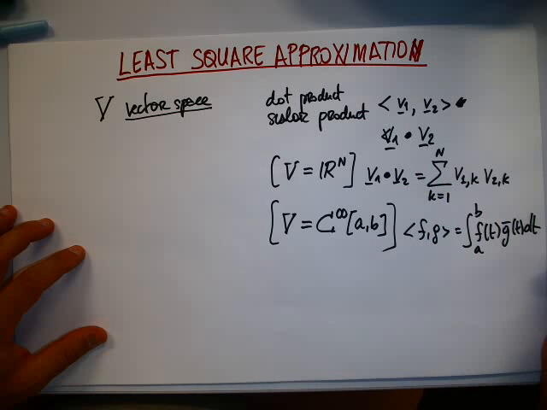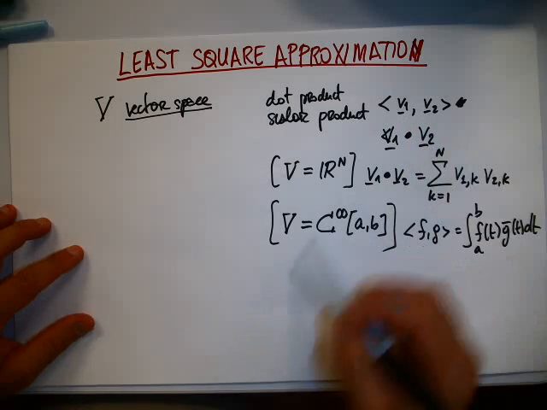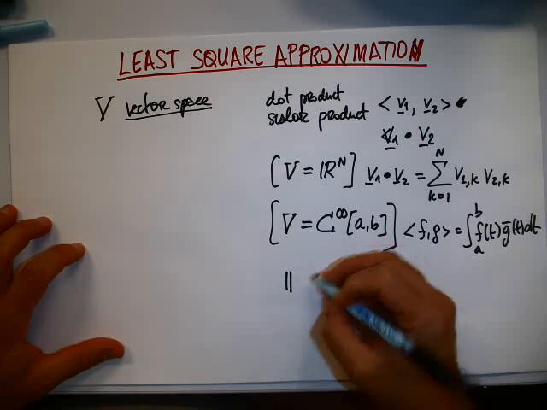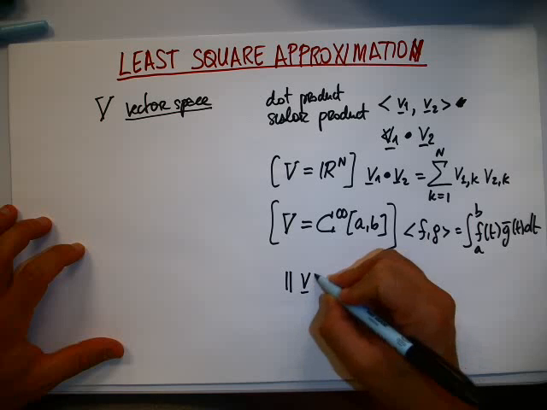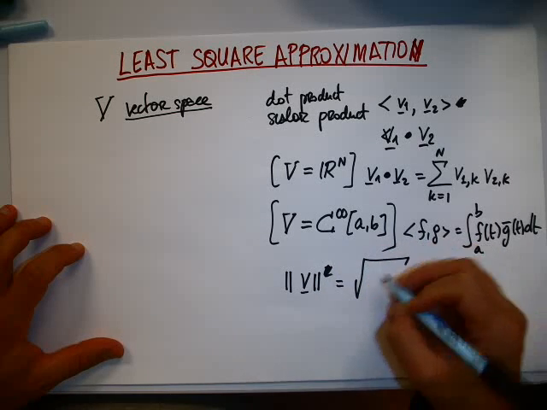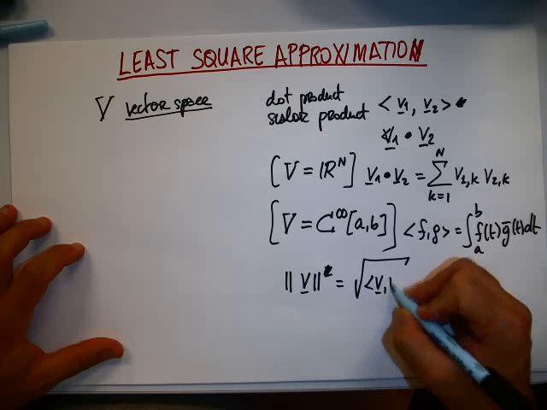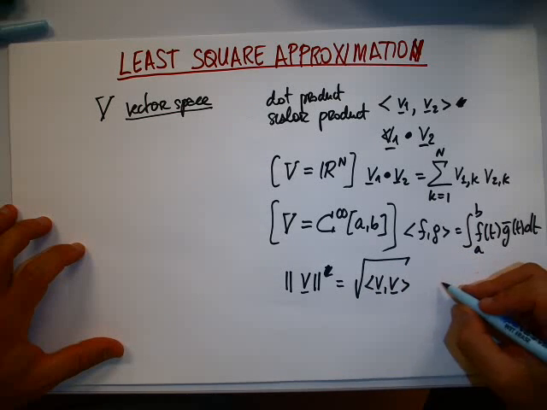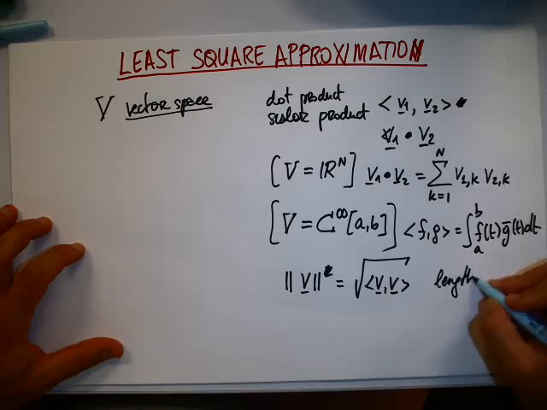And we know that given the scalar product, we can define the length of vector V as the square root of V comma V. Okay, this is the length of a vector.